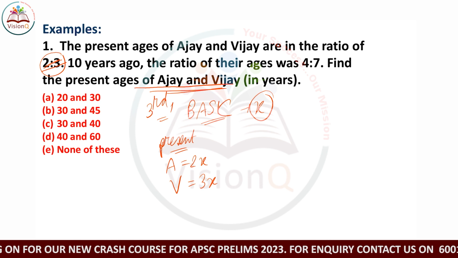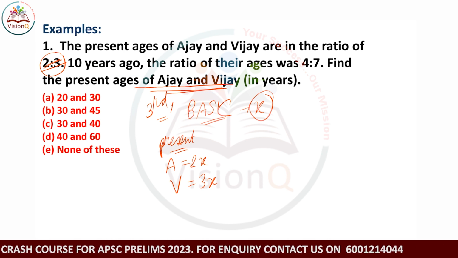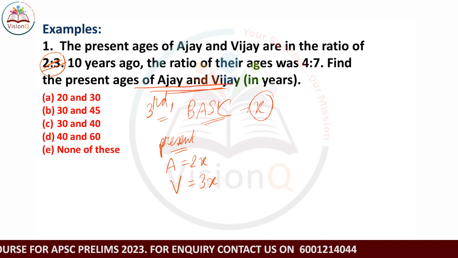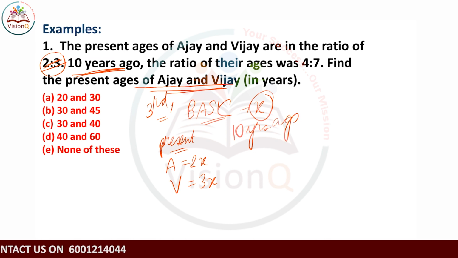Now our main aim is to solve this X variable. To solve this X, take the help of the second ratio. Now the second ratio is at what point of time? 10 years ago. So this is the ratio of the ages 10 years ago. So before 10 years, you need to find out the age of Ajay and the age of Vijay.